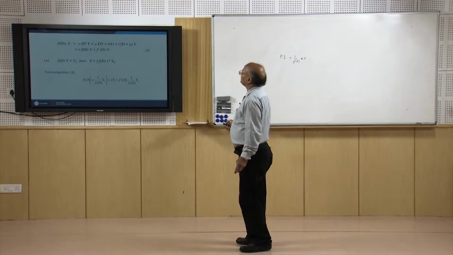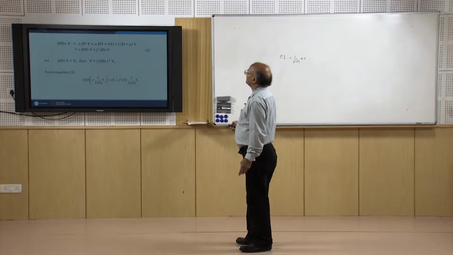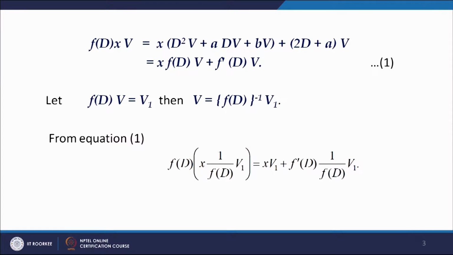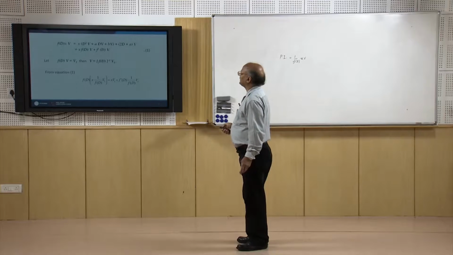Now, D squared b plus a Db plus bb is nothing but the operator f(D) operating on b. So, we have x into the operator f(D) operating on b, and then 2D plus a can be interpreted as the derivative of f(D). In short, 2D plus a can be interpreted as if we have differentiated f(D) with respect to D. Now, let us suppose that when f(D) operates on the function v, we get another function, say b1.